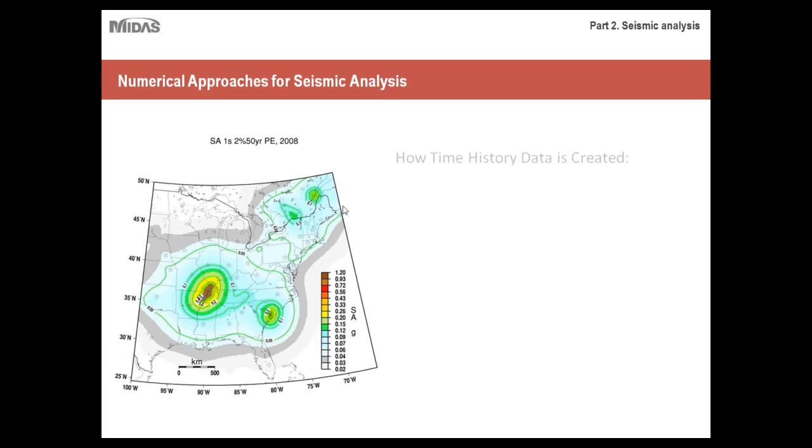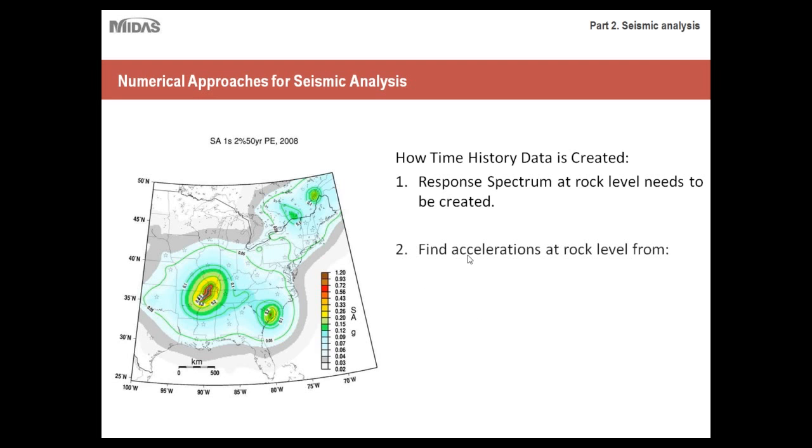Okay, and then how time history data is created. One, a response spectrum at the rock level needs to be created. That's the very first step. At the rock level, the engineers or scientists determine how that rock responds to your seismic loading. And afterwards, they find accelerations at rock level from various agencies, through site-specific hazard analysis.